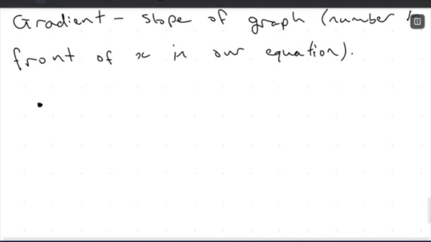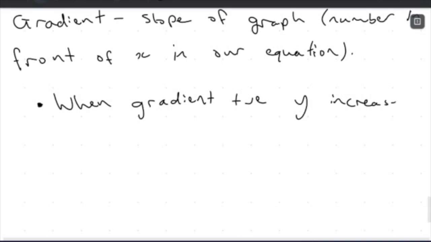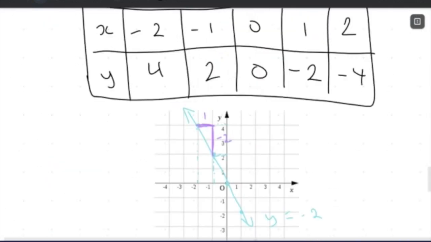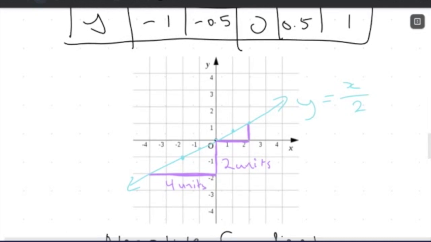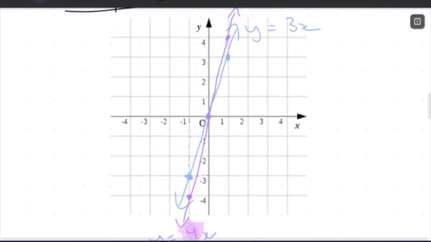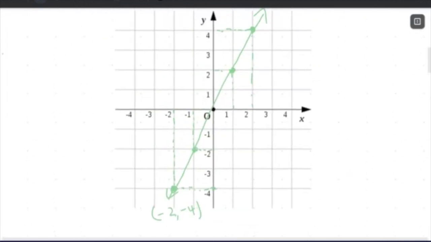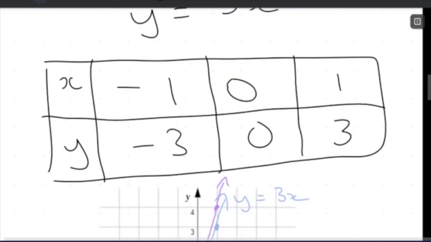And we can say when the gradient is positive, y increases as x increases. We saw this happening in this case, y going up with x, y going up with x, y going up with x going up as well.